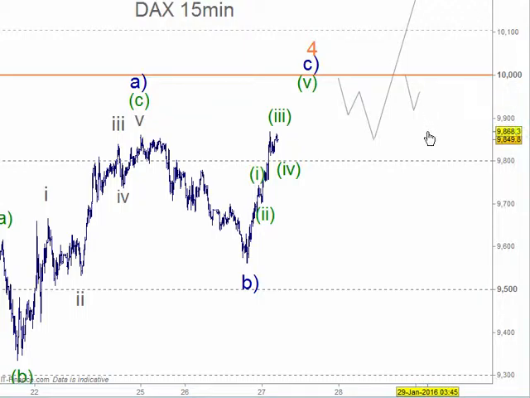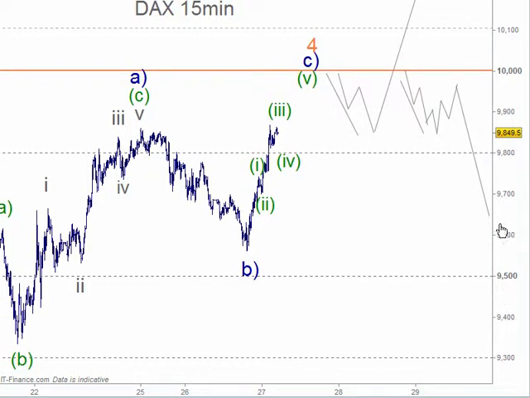If we get 5 waves coming into play from the reaction here, then we know that we'll get a 3-wave retest, and then we'll go down again. So let's just wait for 3 waves or 5 waves here to help confirm the bias. And this is the same for the US markets as well.